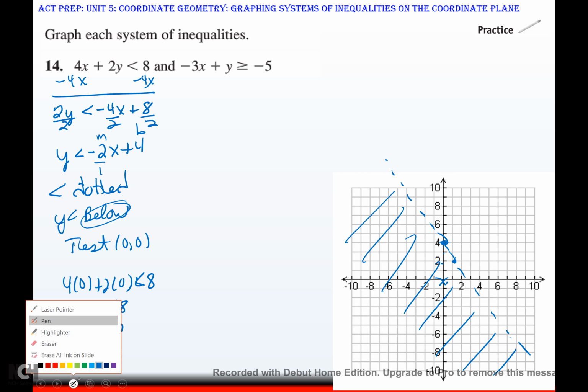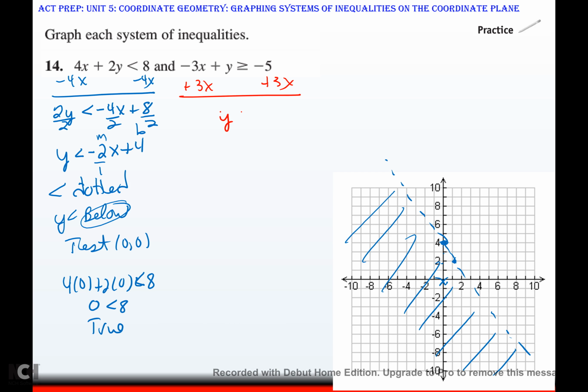Okay, my second equation, we're going to use red. I'm going to get y alone, so add 3x, I get y is greater than or equal to 3x minus 5. So I'm starting to look for Brad on the negative 5th floor. He's not there, so the monkey says up 3 over 1. The bar means connect solid.